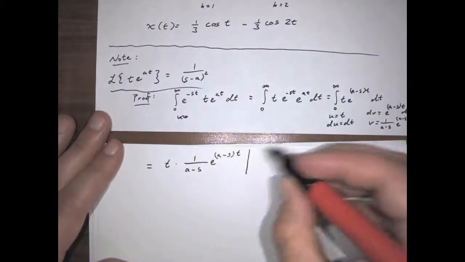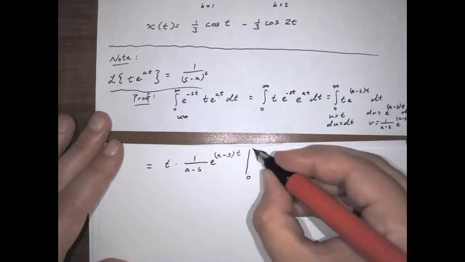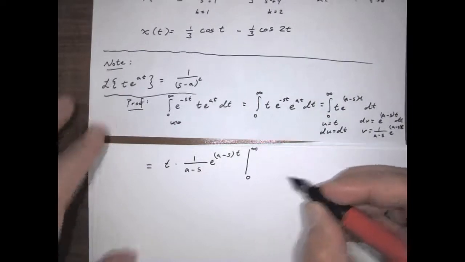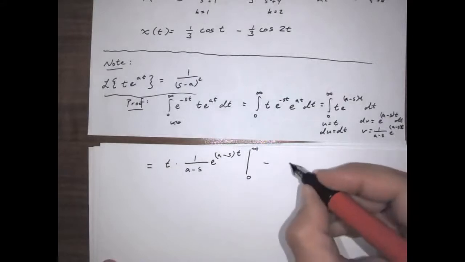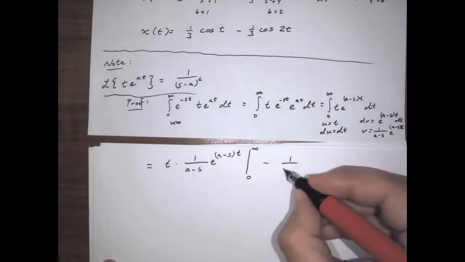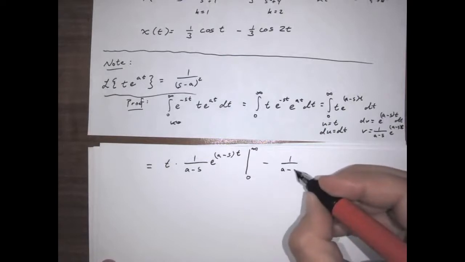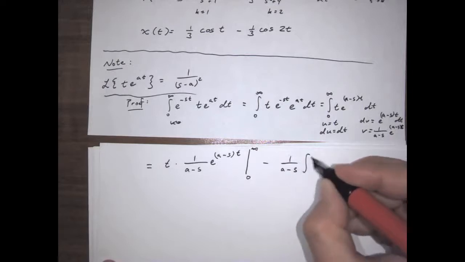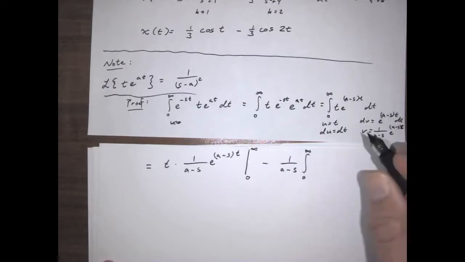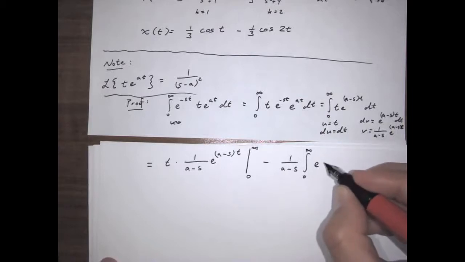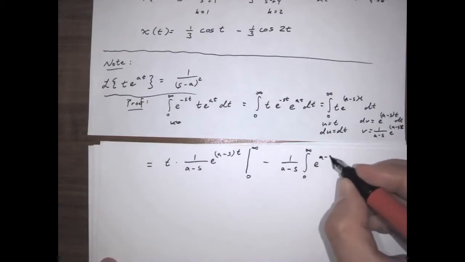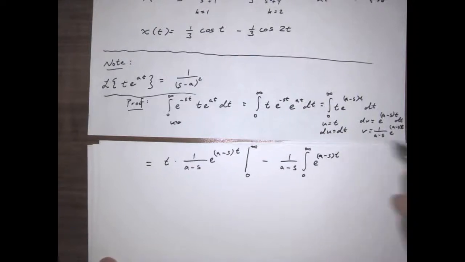That's going to be plugged in at 0 to infinity, minus, and then we're going to have the integral of v du. Now as far as t is concerned, s is a constant, so it's going to be 1 over a minus s times the integral from 0 to infinity of e to the a minus s times t dt.